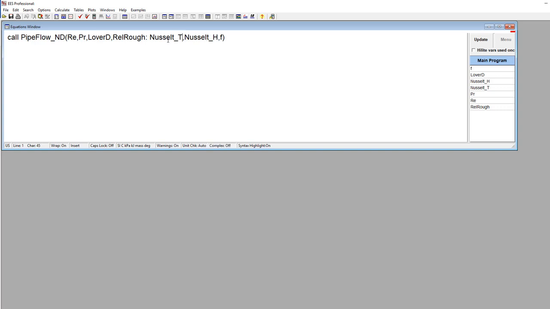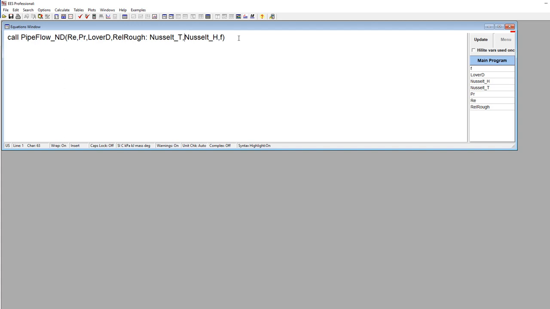So, in all likelihood, your problem is not going to be either one of those two conditions. It rarely is that you have a true, ideally constant temperature or constant heat flux condition, right? You might have something between those two things. But these two solutions are nice to have because they bound the actual solution.